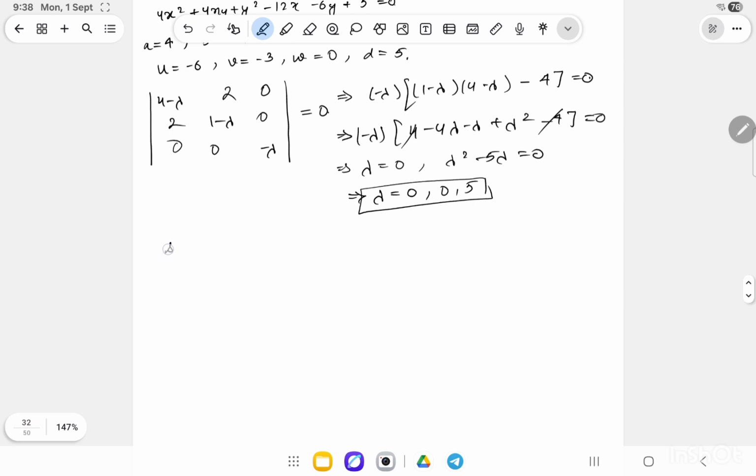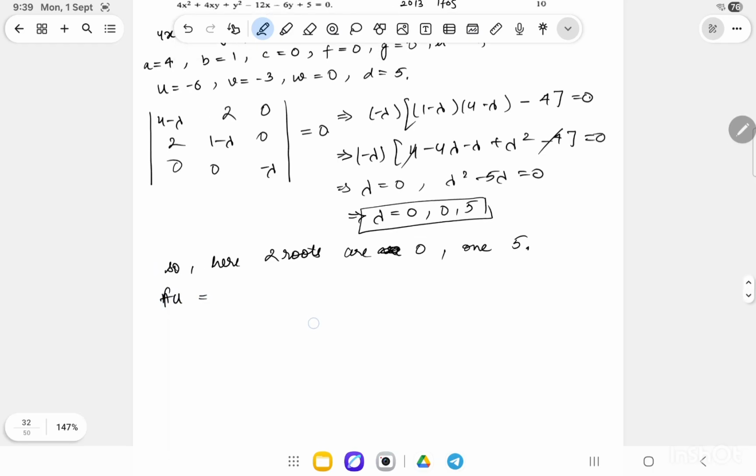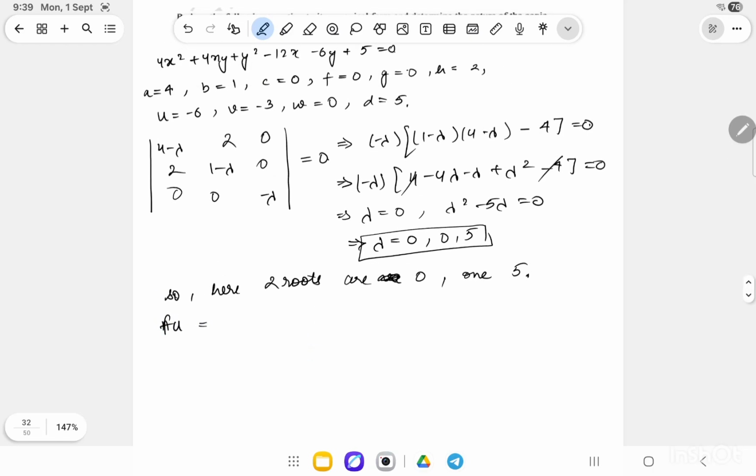So here two roots are 0, and one is 5. Let's further verify this condition, that is fu, which is f into u is 0, gv is again 0, and hw is also 0.